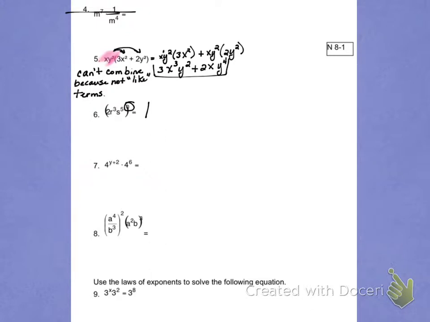All right, now we're going to look at something with a variable in the exponent. So this becomes a little challenging. People usually think this is difficult, but it's really not. The bases are the same. You check that the bases match. If you know they're the same, then the rule is when you multiply, you add the exponents. So this is 4 to the y plus 2 plus 6.